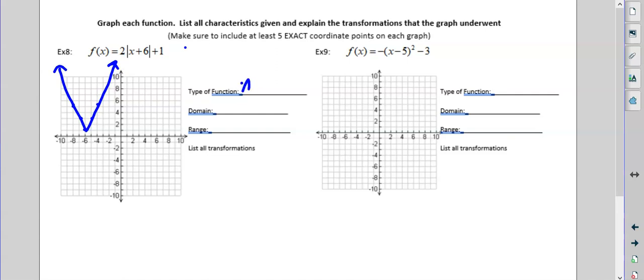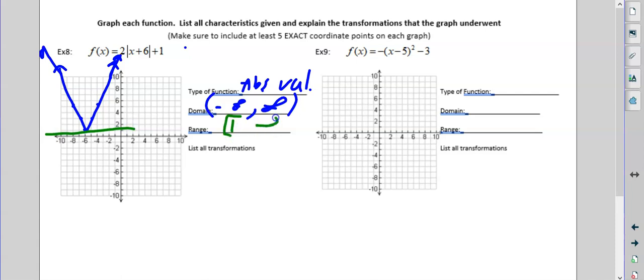Okay, it is absolute value. And you can abbreviate like that. The domain, it's going left forever. And it's going right forever. Now, how low does it go? It bottoms out at 1. And it includes 1 because it hits it.